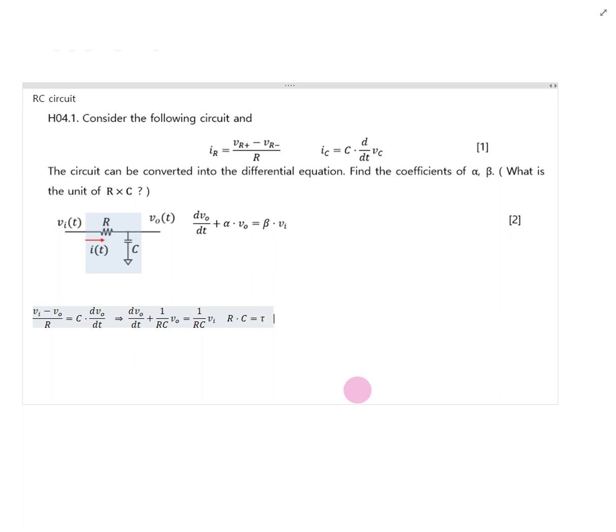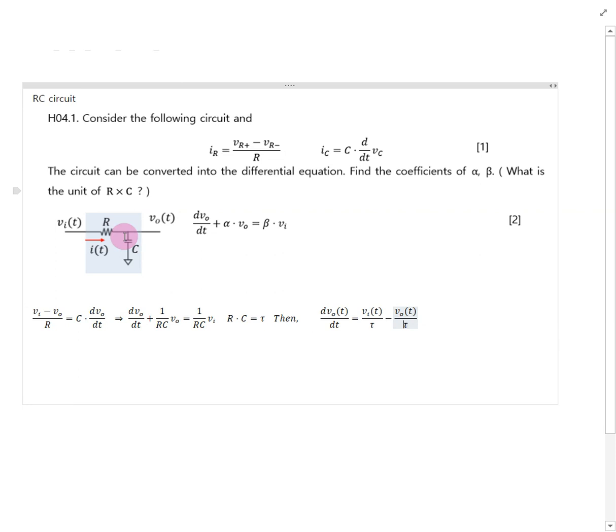Then I can rewrite dVo over dt equals Vi over tau minus Vo over tau. Vo and Vi are functions of time, so I use the notation t. This differential equation describes the behavior of the RC system.